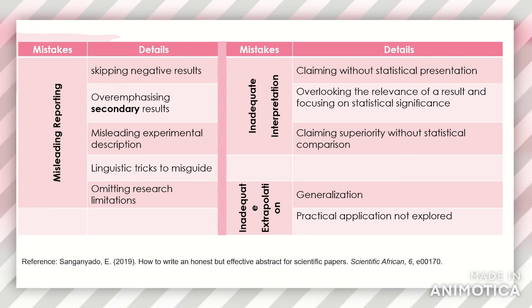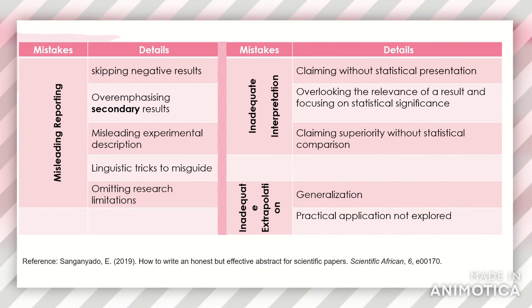What are the major mistakes people make in writing an abstract? Sometimes intentionally, sometimes unintentionally. Misleading reporting, inadequate interpretation, and inadequate extrapolation. Misleading reporting is skipping negative results which you are getting in your actual work, or overemphasizing secondary results as the primary result, which is not good.